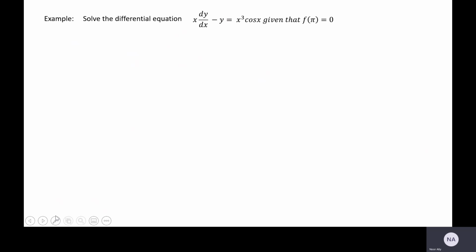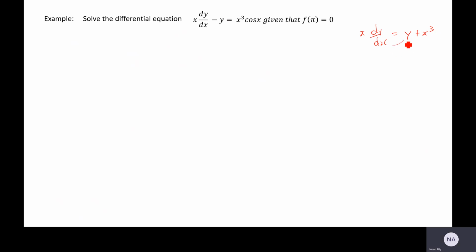Now, how would we know that it's not separating variables? Look very carefully. No matter what we try and do, by, for instance, transposing the y, let's say I do this, x dy/dx equals y plus x cubed cos x.